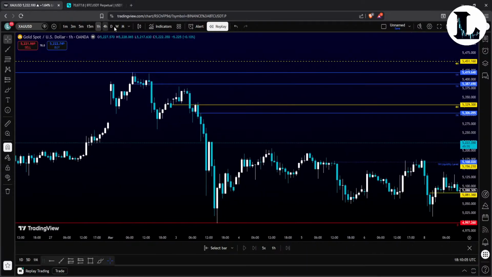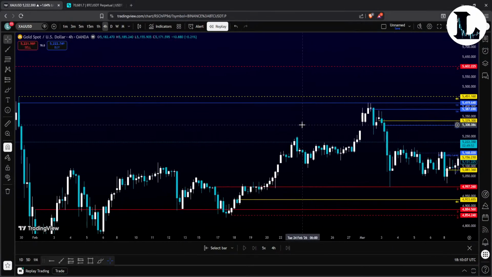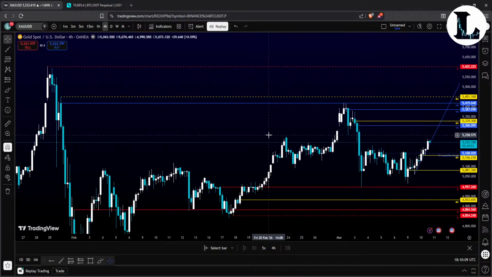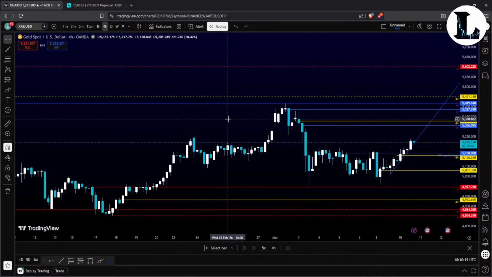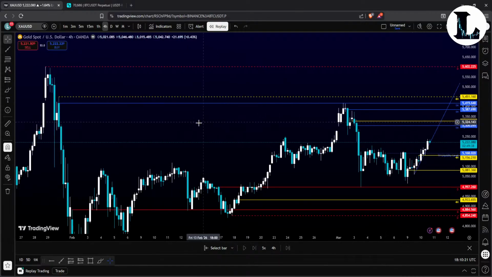Okay, let's go to the higher time frames because I did not watch that and I should. Daily. Okay, we don't have a daily big resistance, so we kind of don't have a big downtrend here on the daily. Let me watch that. I don't like this one here. We probably have it on a 4 hour.